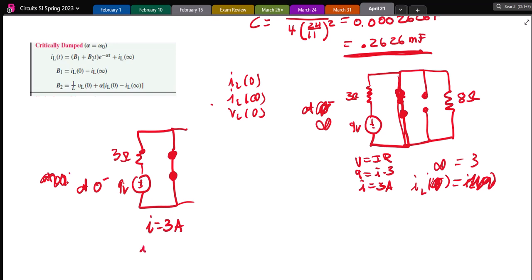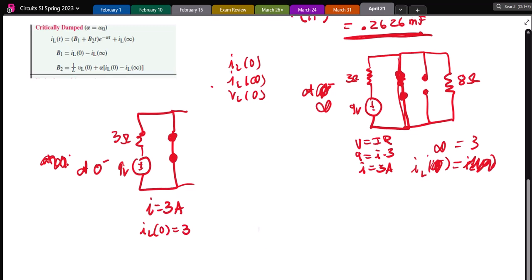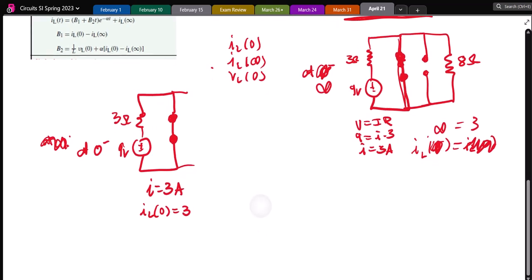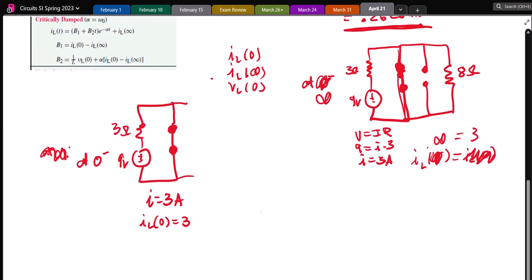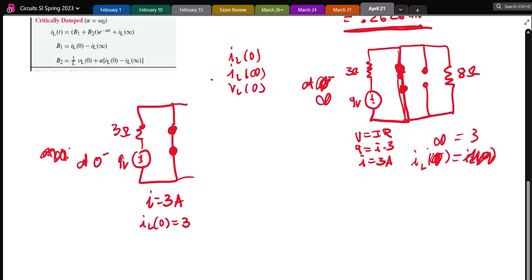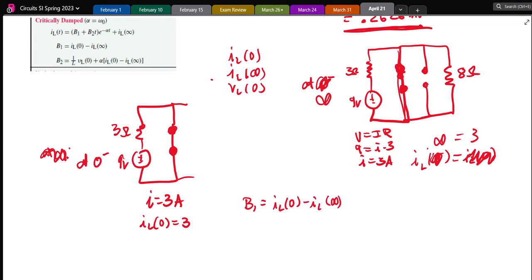So iL(0) equals 3. iL of infinity equals 3. So we have B1 equals iL(0) minus iL at infinity. So what does B1 equal? 0. That's nice.